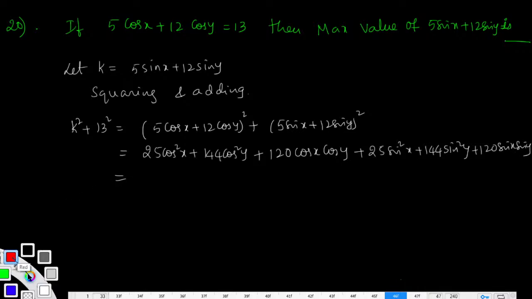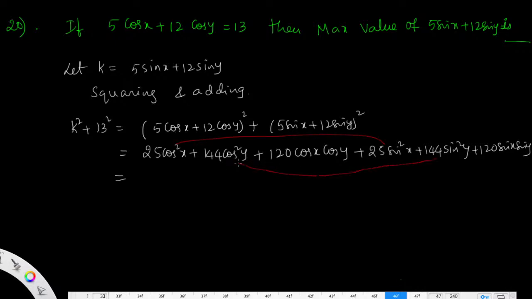Obviously, 25 cos square x plus 25 sin square x is 1 times 25, and taking 144 common, you get the value equal to k square plus 169. Taking 25 common, sin square x plus cos square x is 1, so 25, and 144 common, cos square y plus sin square y is 1, so 144, and taking 120 common in the remaining terms, cos x cos y plus sin x sin y.